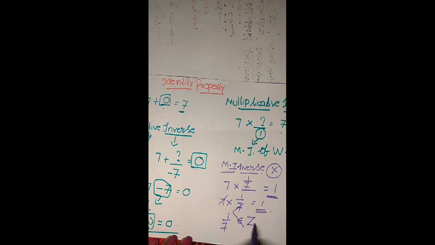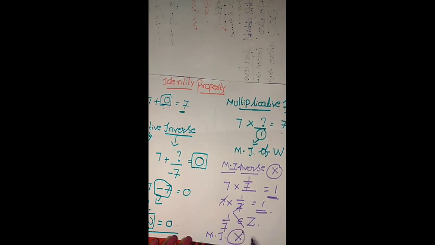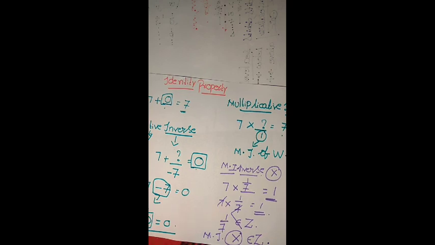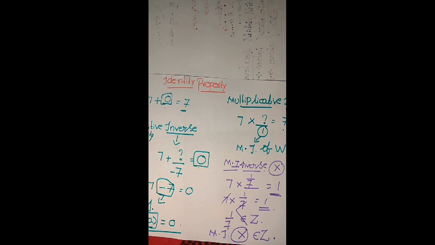So 1 by 7 does not belong to Z. If you observe, there are no fraction values in integers. So there is no multiplicative inverse for integers. There is only the additive inverse, the additive identity and the multiplicative identity for integers, and there is no multiplicative inverse for integers as there are no fraction values.